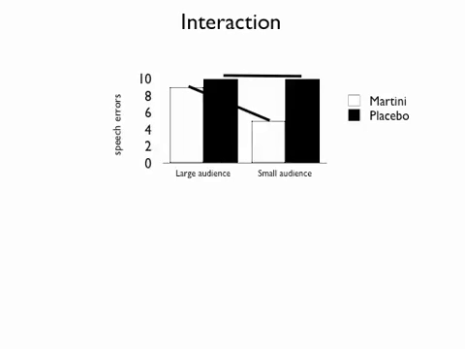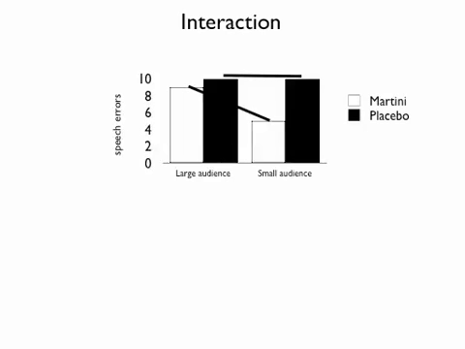If you're just looking at the graph, you can kind of eyeball the midpoint between the large audience and the small audience. If the large audience martini group made 9 errors on average, that's the height of this bar, and the small audience martini group made 5 errors, then 9 and 5 average out to around 7.